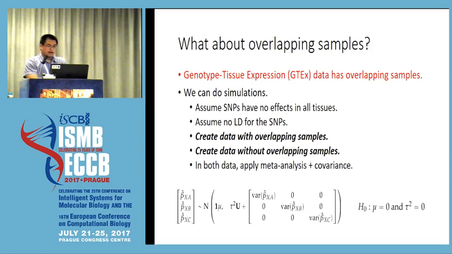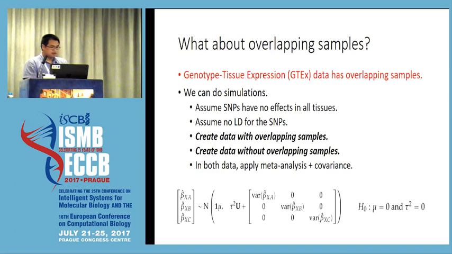Because the gene tissue expression data has overlapping samples, as the same person can donate samples to many tissues, we have to estimate the effects that these overlapping samples can have in inflating our test statistic. To estimate how the overlapping samples can affect our results, we can do a simulation.